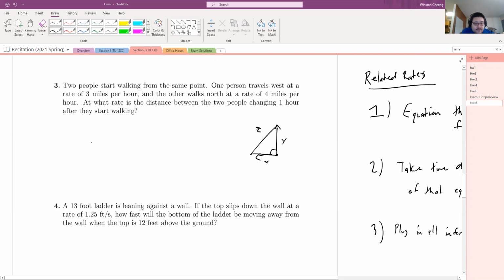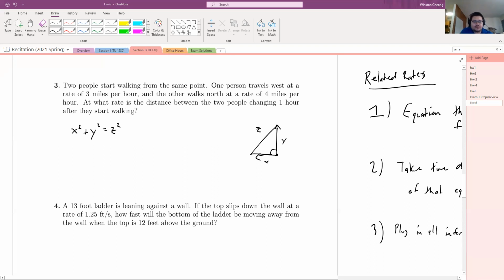This is the most common type of related rates problem, when you're dealing with a triangle. In this case, it's a triangle where the hypotenuse is changing. So what is the equation that describes how these three quantities are related to one another? The thing you know is the Pythagorean theorem. So you should immediately say x squared plus y squared equals z squared. That's how these quantities are related to one another.